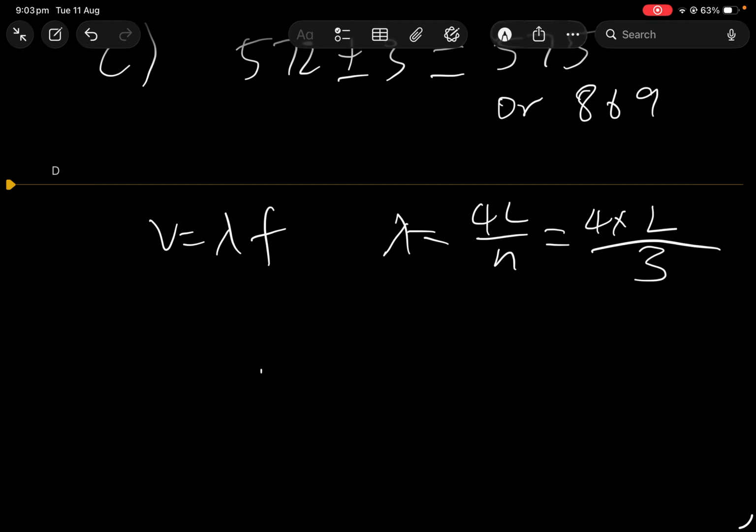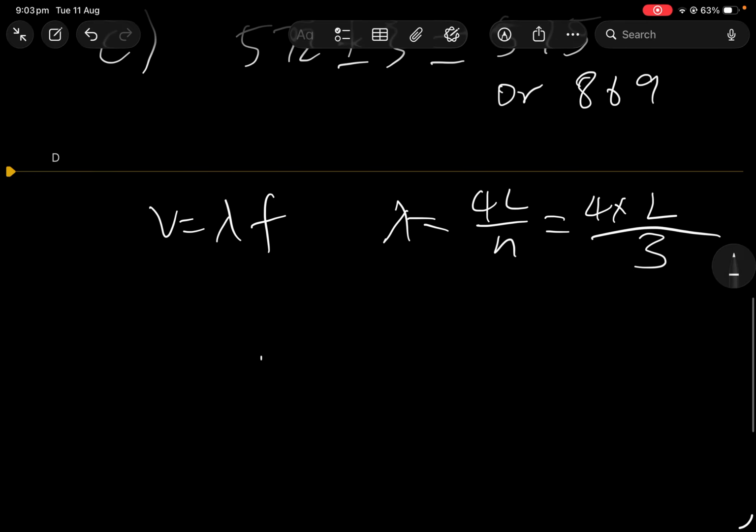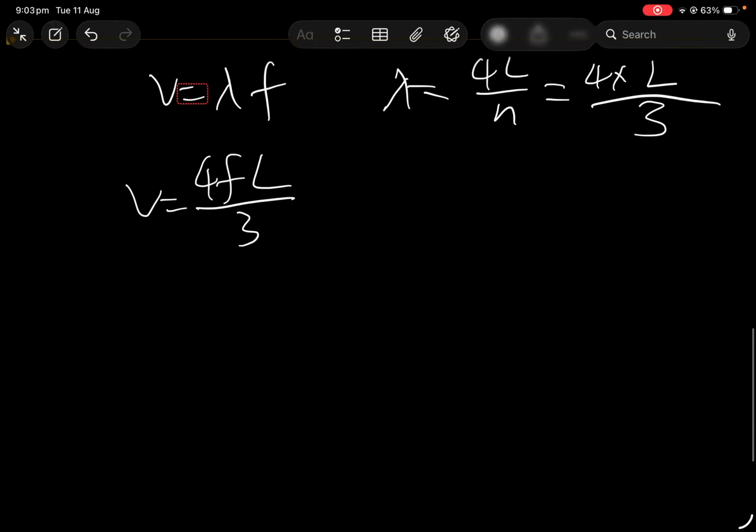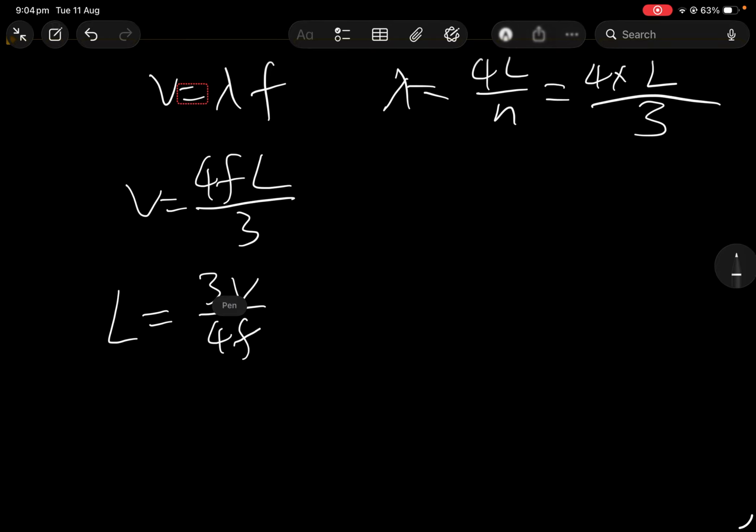So V equals 4fL over 3, which means L equals 3V over 4f.